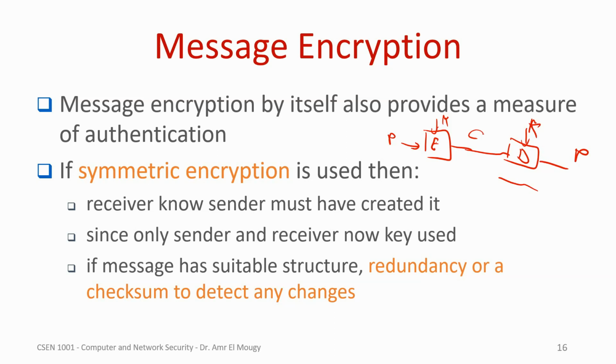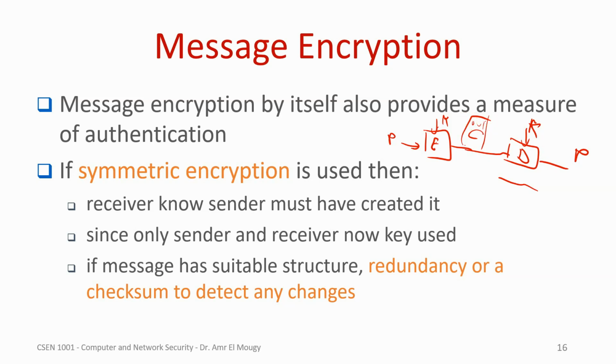Can it then protect the integrity of the message? In the ciphertext message that is sent from sender to the receiver, is the attacker allowed to manipulate the bits, changing zeros to ones and ones to zeros, without the receiver actually figuring out that this happened? Well, this depends.